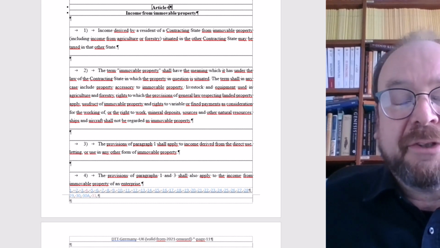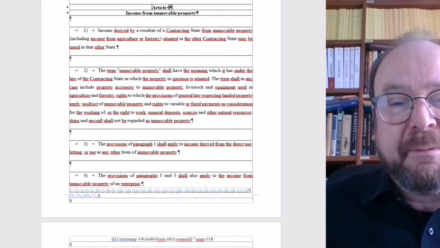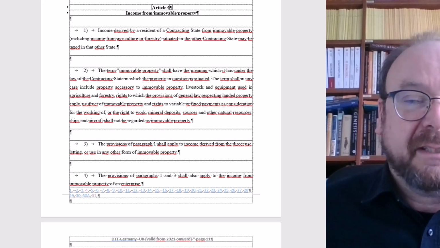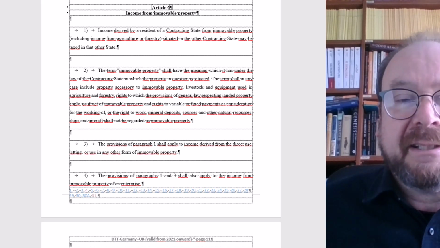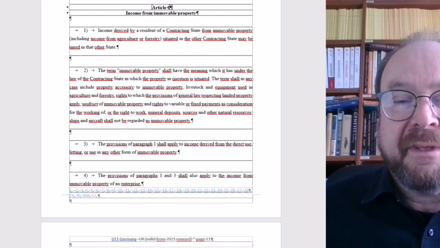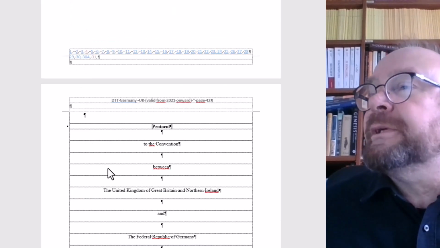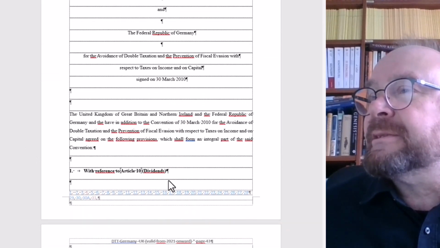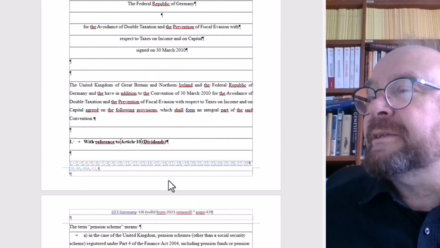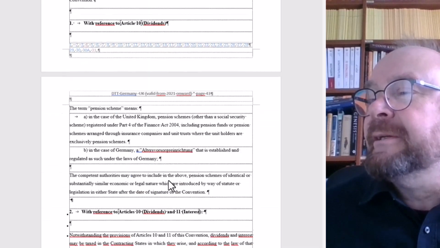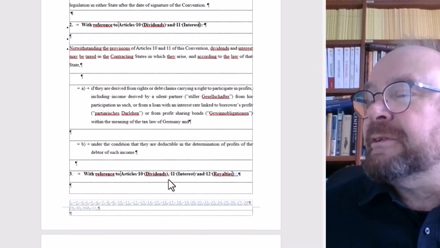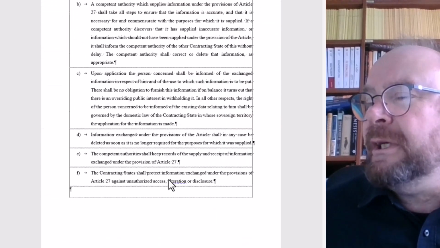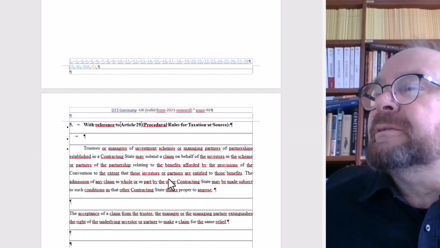The only thing we should check is if the protocol to the treaty modifies that in any way. So let's have a short look at that. So here's that protocol, and the protocol begins with statements with reference to Article 10, dividends, 10, 11 and 12, and 27, and 29.